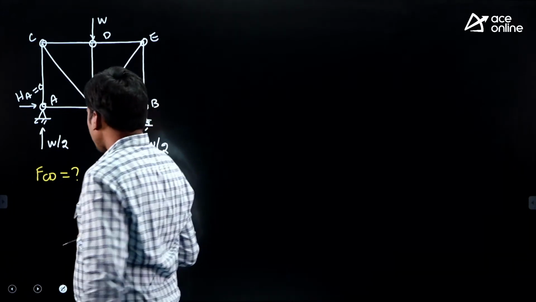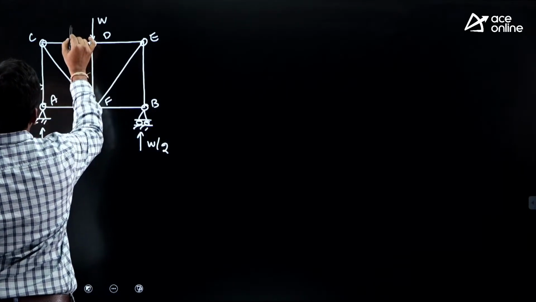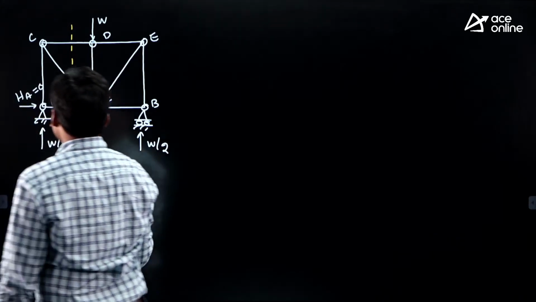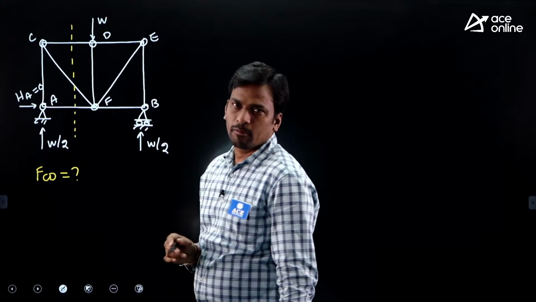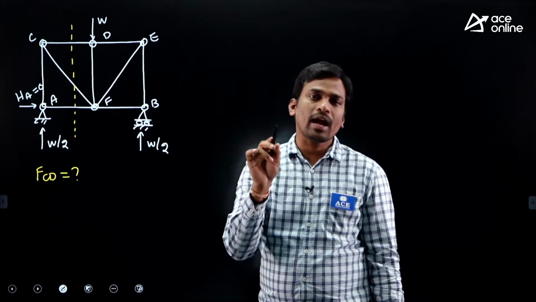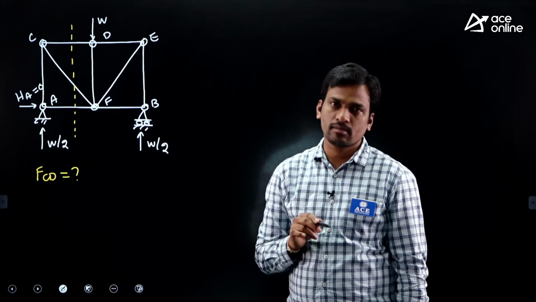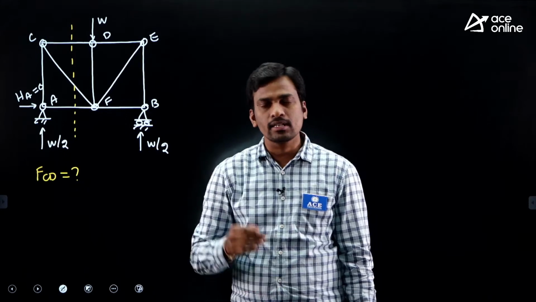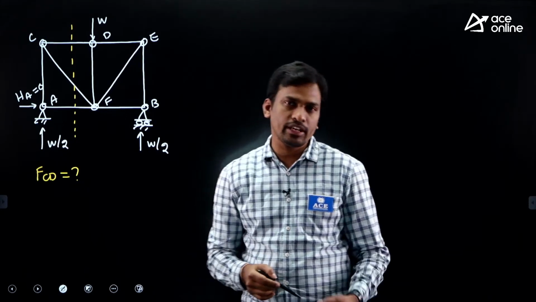Now students, for example, again I'll cut the structure vertically. You can do analysis for the left part or the right part. Better always do analysis for the part which has fewer forces, because if the forces are fewer, then the calculation is less, and you can save time in the examination.